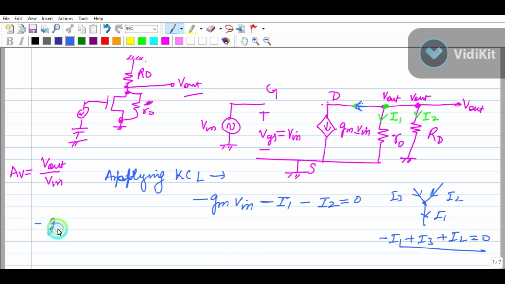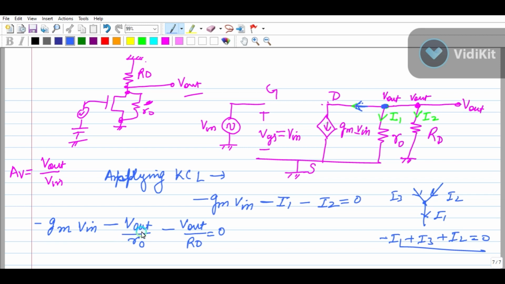Okay, so now GM V in, what is I1? I1 is V out by, what is the voltage here? It is V out. So V out by R naught is I1. So let's write V out divided by R naught minus V out divided by RD equal to 0. Okay.